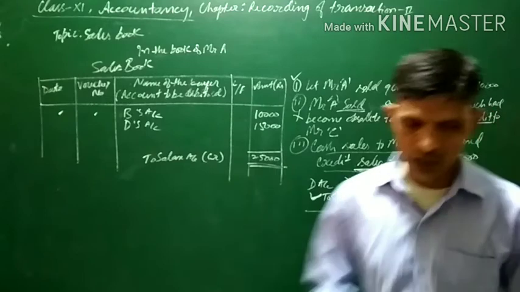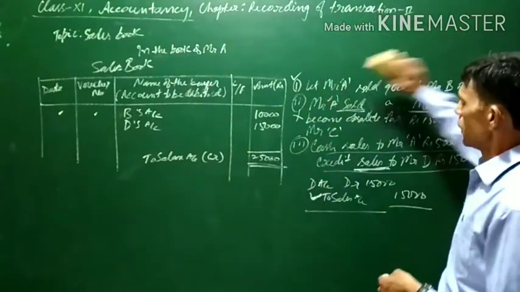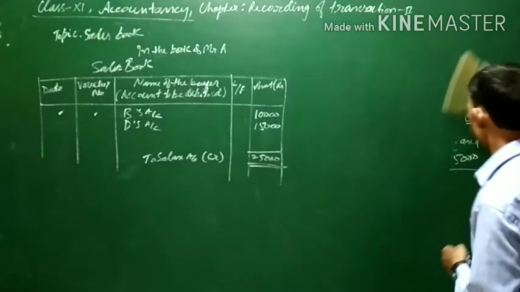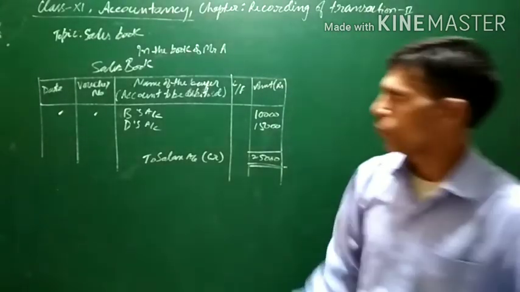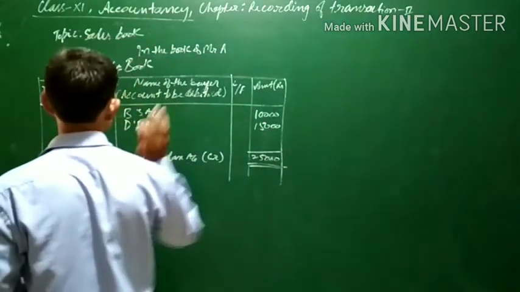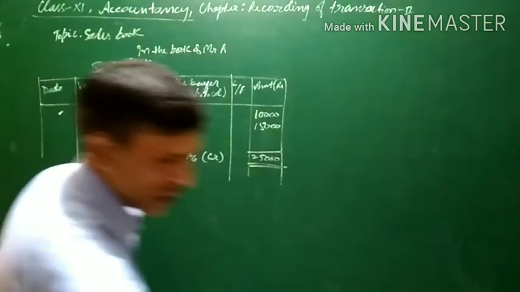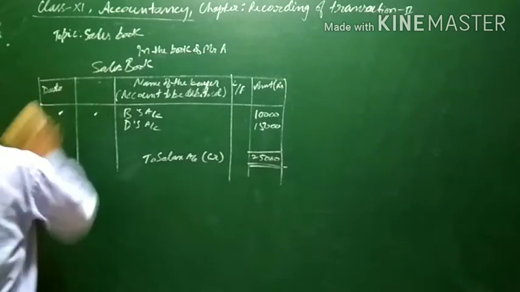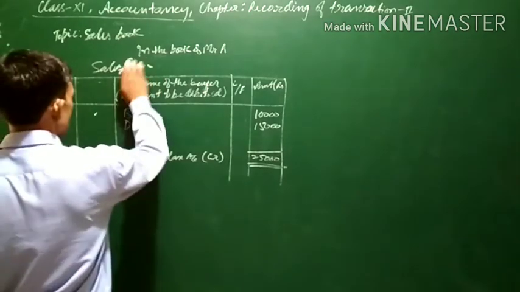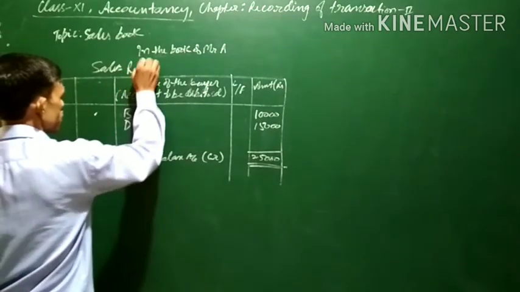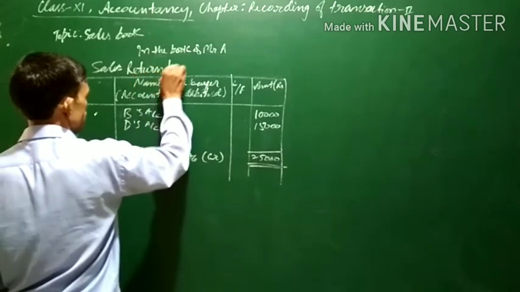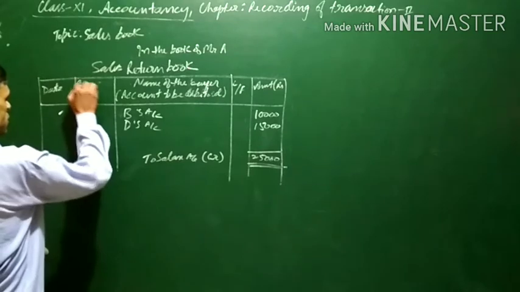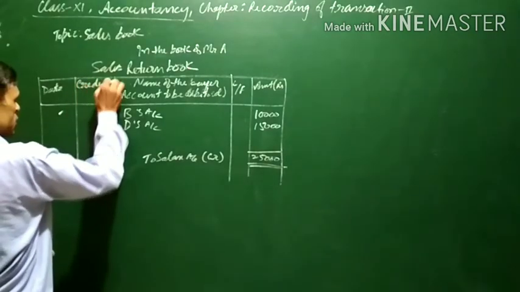Now let us also see the sales return book as well. The only difference is, in case of the sales return book, instead of the voucher number, when you are preparing the sales return book, credit note number will be written.